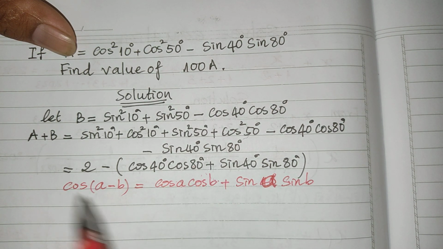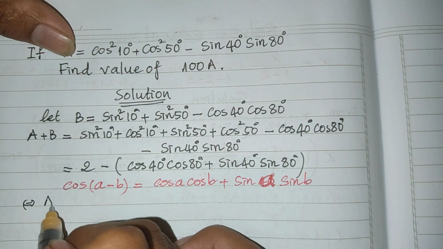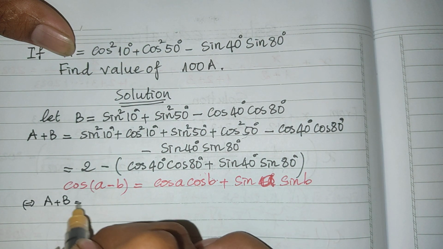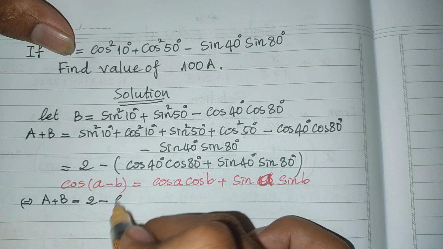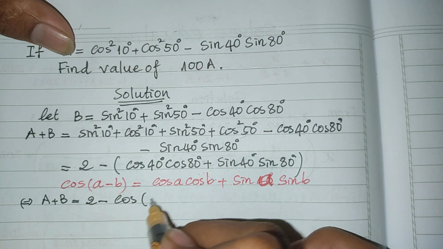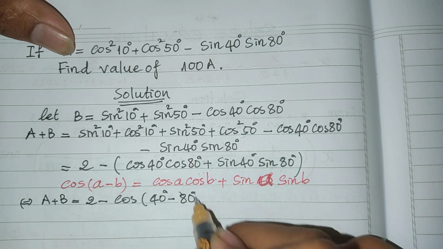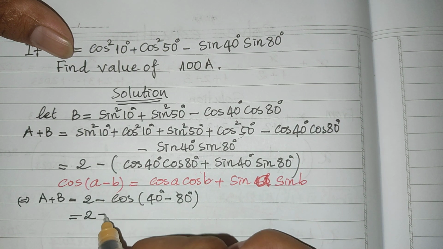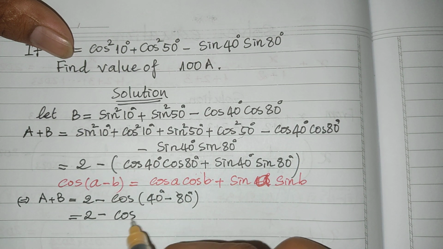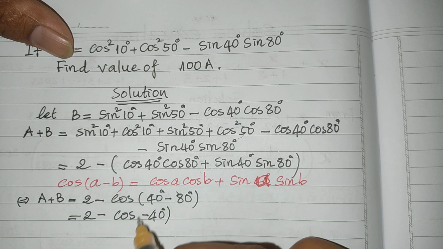So now expression A plus B equals 2 minus cosine of 40 minus 80 degrees, which equals 2 minus cosine of minus 40 degrees.